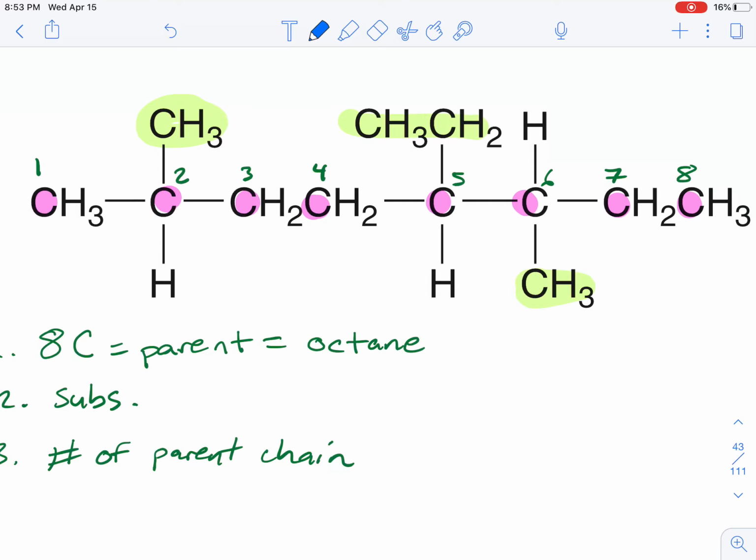Now if I go from right to left, I'll have 1, 2, 3, 4, 5, 6, and 7. And so here in this case, we have some differences in numbering for all of these substituents.